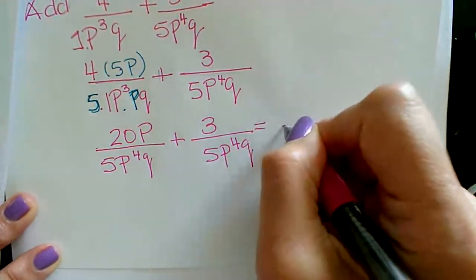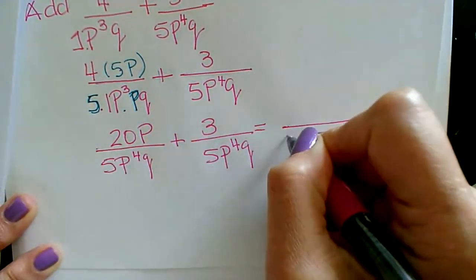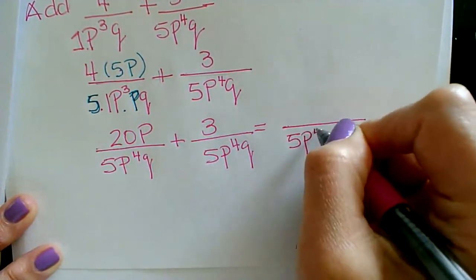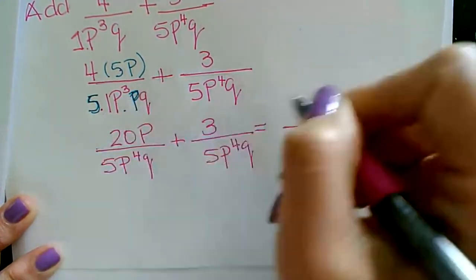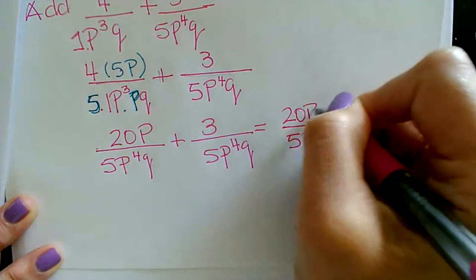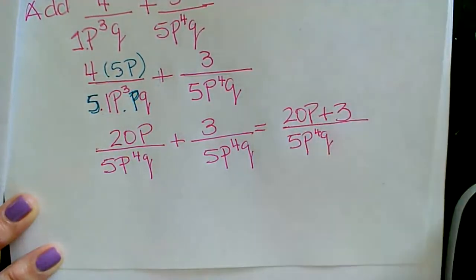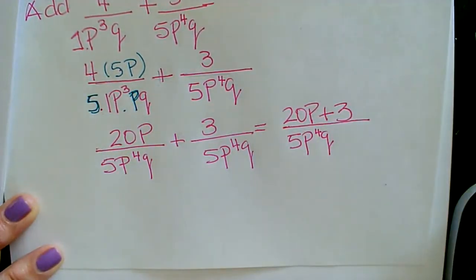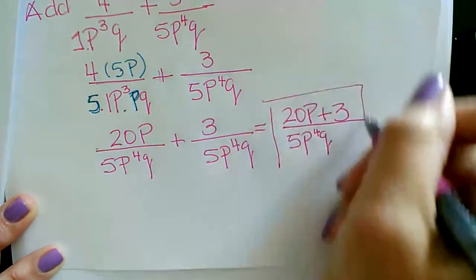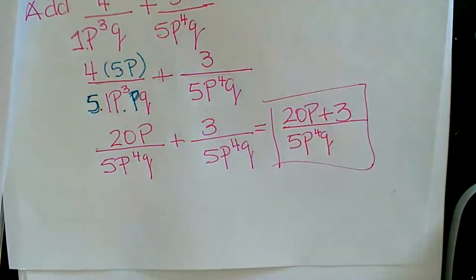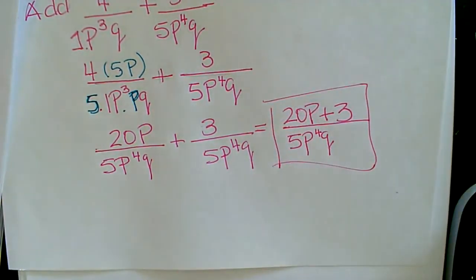My next step is keep the denominator because it's the same, and I'm going to combine the numerator. I just got my answer. I cannot do anything else there. Okay, now let's do the next one.